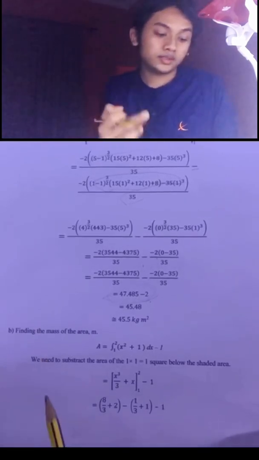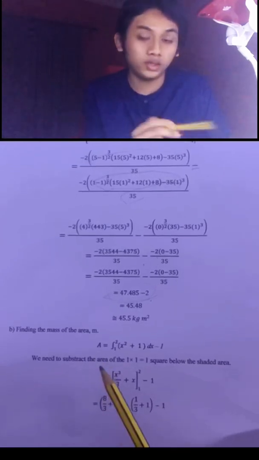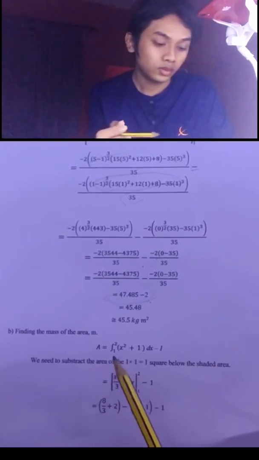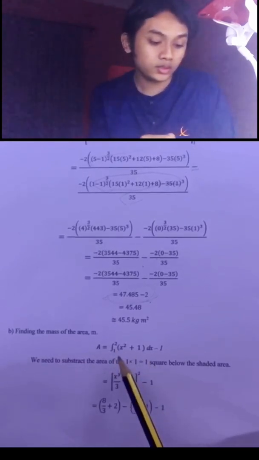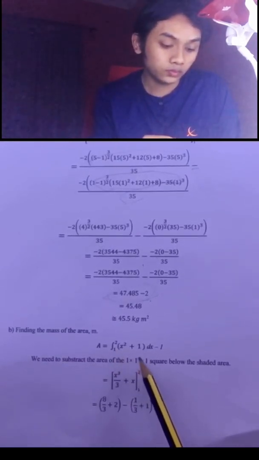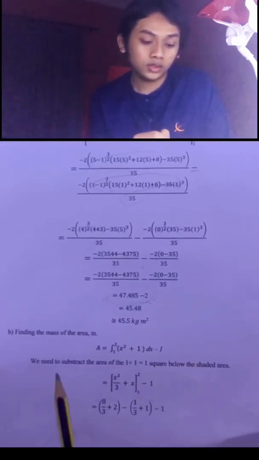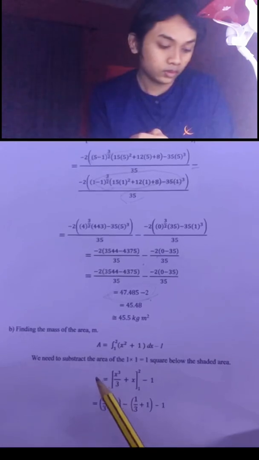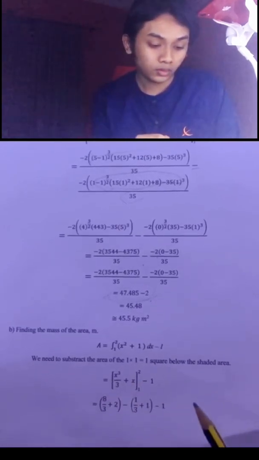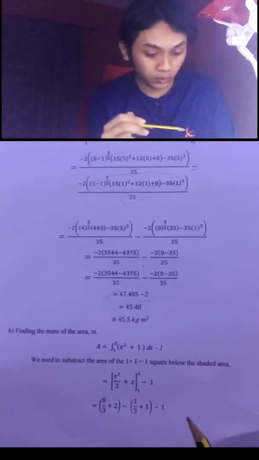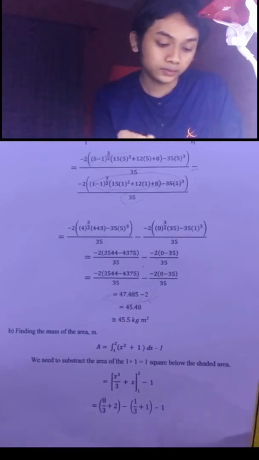So the second thing that we need to do is to find the mass of area, which is m. So we use the formula: area is equal to integration from 1 to 2 of x squared plus 1 dx minus 1. So we need to subtract the area of 1 multiplied by 1, which is equal to 1 square below the shaded area.